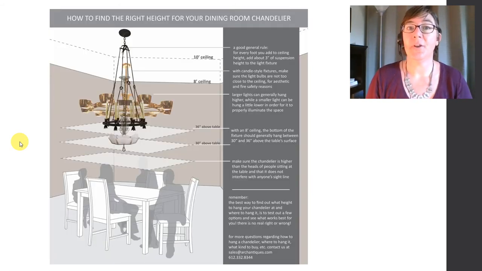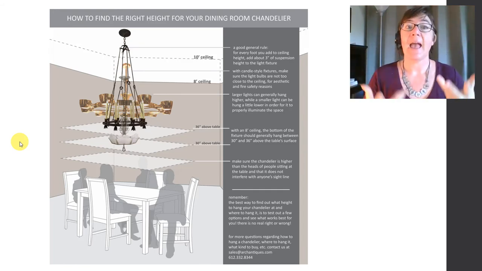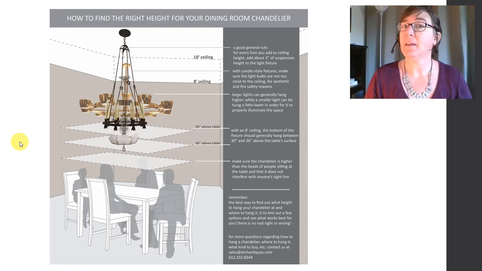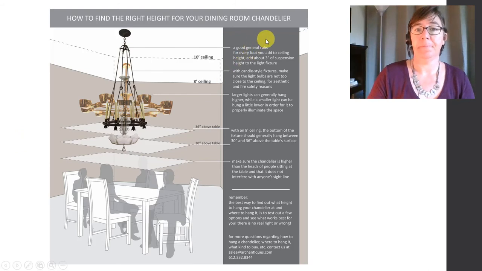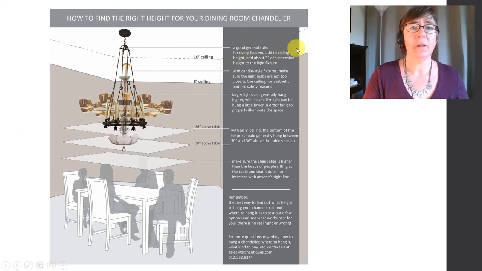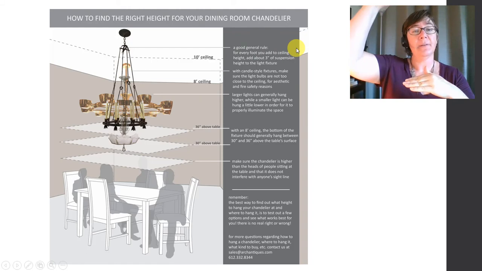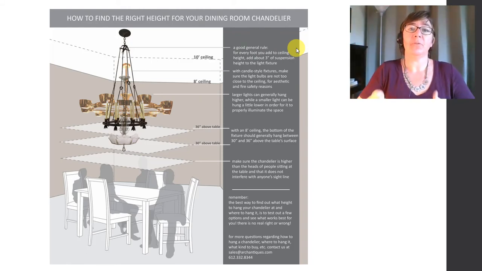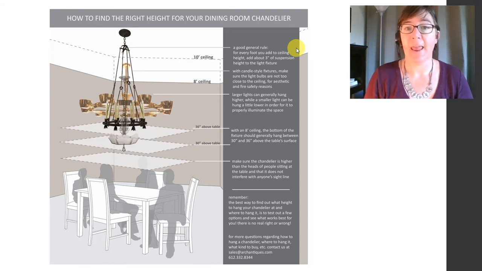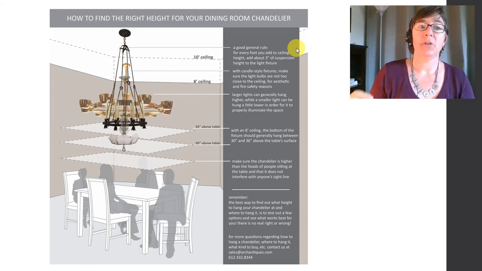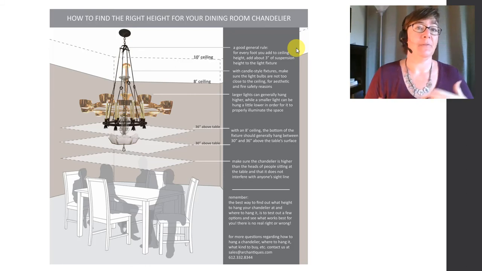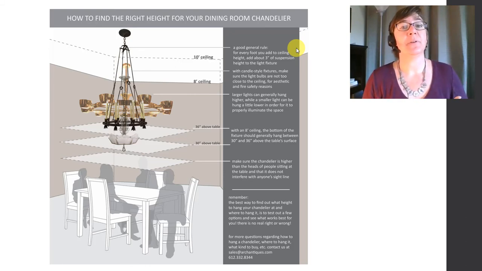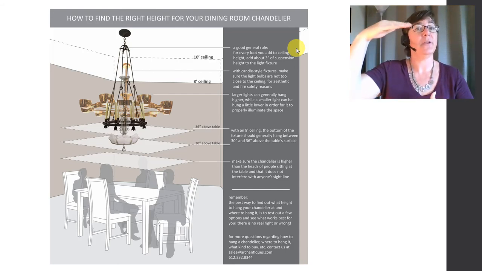Here's a little more nuanced infographic that I found for you about hanging your dining room chandelier. It says that in general, for every foot that you add to your ceiling height, add about 3 inches to the height of the light fixture above the table. Make sure that if you have a candle fixture, the light bulbs are not too close to the ceiling because they can be quite tall.